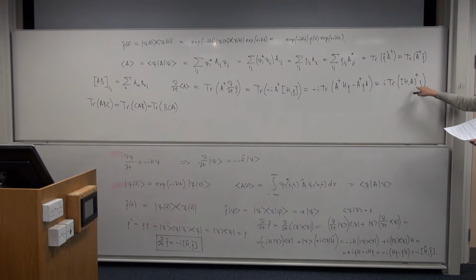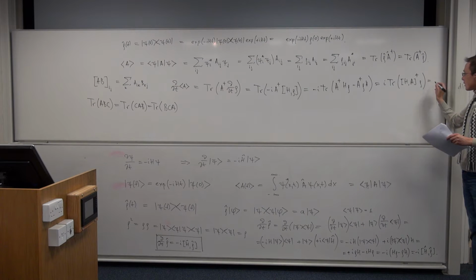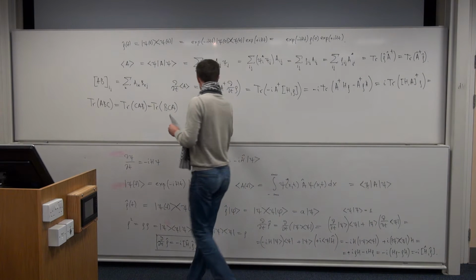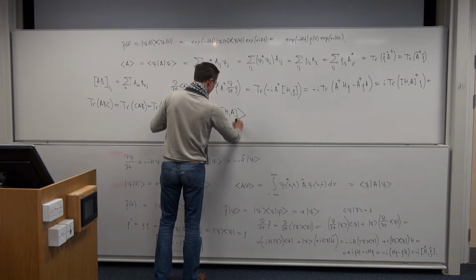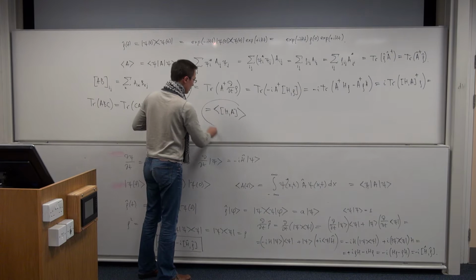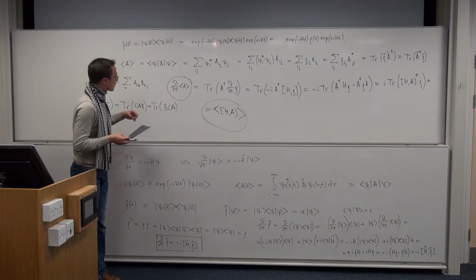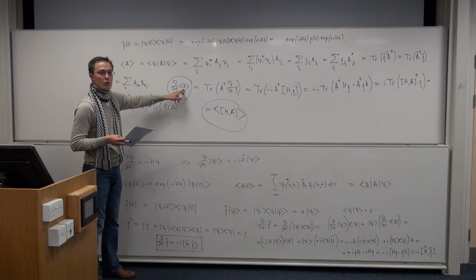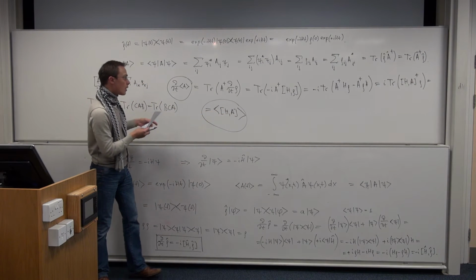And you see, this is an expectation value of this commutator, because that's the definition of the expectation value, trace of Z times rho. So that is the expectation value of the commutator of H and A. And so you see, d by dt of A is the expectation of the commutator with the Hamiltonian, and so the entire formalism can be recast in terms of just observables and their commutators with the Hamiltonian.